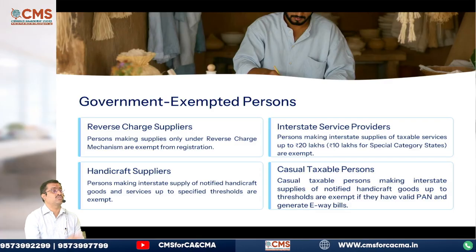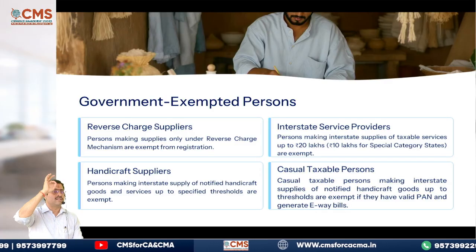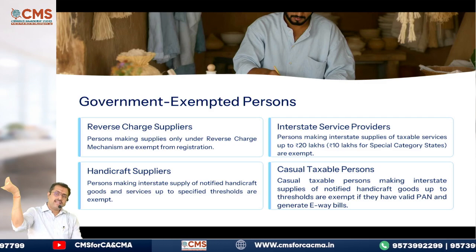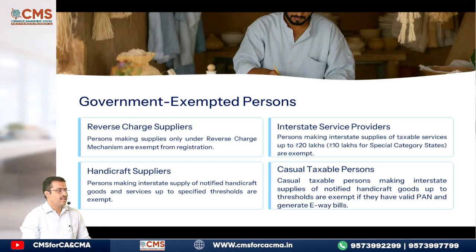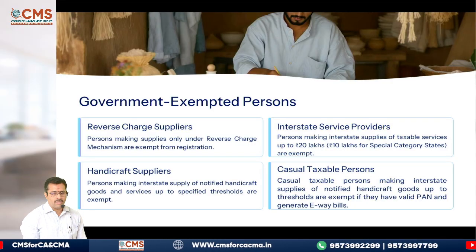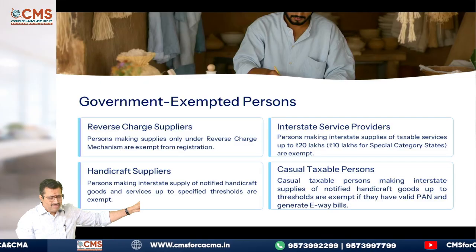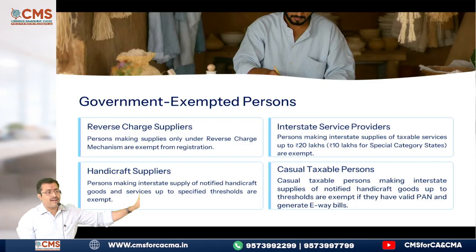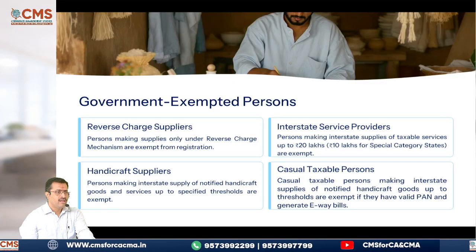Now who is a casual taxable person? Yesterday also I was telling you. A person who does not have a place of business in a state, but he comes from another state to carry on the business occasionally. He is called a casual taxable person. Such casual taxable persons who are manufacturing and supplying interstate, what is he going to do? Handicraft goods. Such persons also are exempted from availing registration.